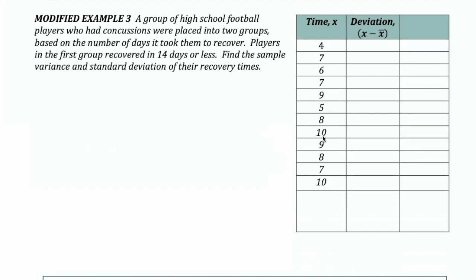Here's the time, which is being measured in days. To calculate the variance and standard deviation, it starts by knowing what your mean is. So I need to sum up my pieces of data. If you sum up these numbers, you get 90. To calculate the mean, I'm going to take the sum of the pieces of data and just divide by normal little n.